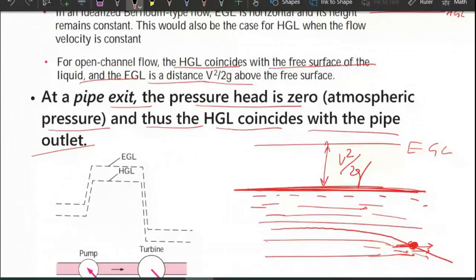So at the exit point your HGL coincides with the outlet of the pipe, and in this case I am assuming Z, the reference, is along the pipe or at the point of the exit of the pipe.